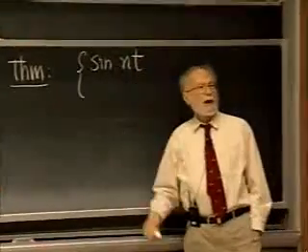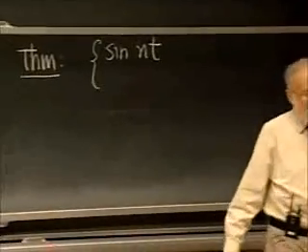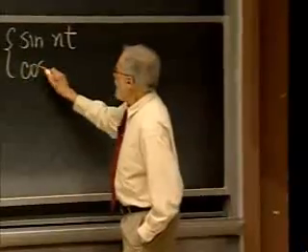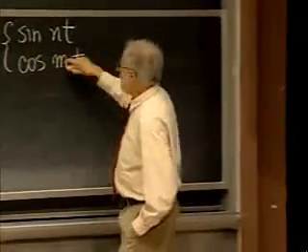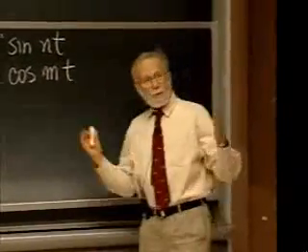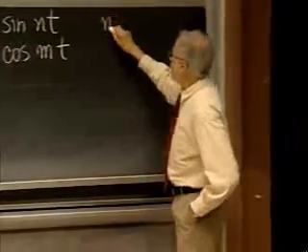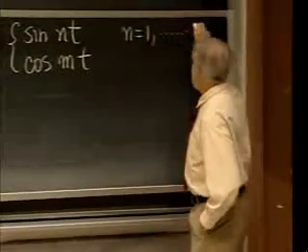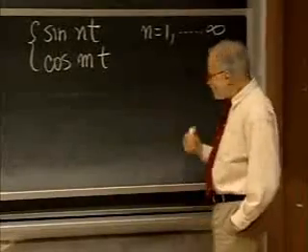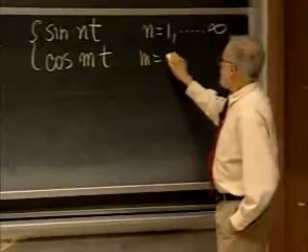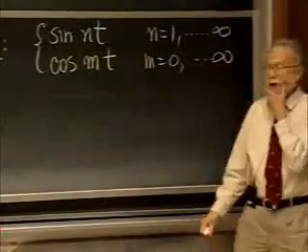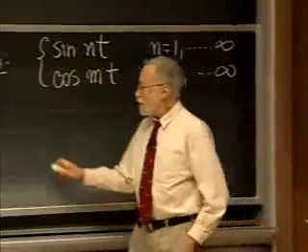Of course, I can assume n is a positive integer because sine of minus nt is the same as sine of nt. And cosine mt, let's give it a different letter, so I don't want you to think that they're exactly the same integers. This is a big collection of functions as n runs from 1 to infinity. Here m could run from 0 to infinity because cosine of 0t means something. It's a constant 1.